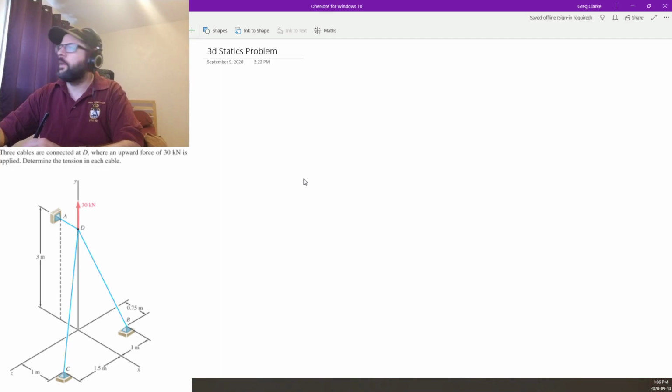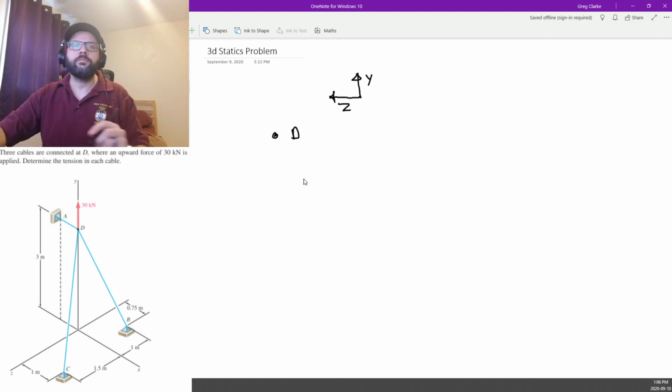So if we have our point D, and then we define our axes here. That'll be the Z direction, and this will be the Y direction, based upon the coordinate system outlined in that chart there.